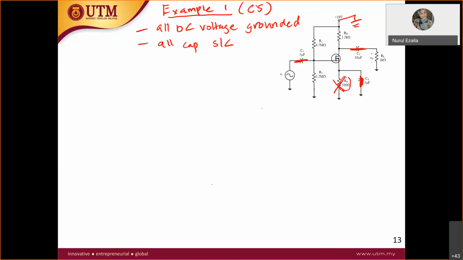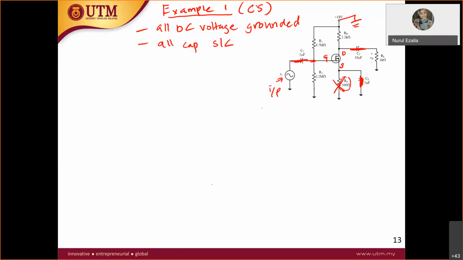If you feel confused, you have to write down the terminals. So this is the gate, this is the drain, and this is the source. Input means the voltage at the input, so this is your input, and the input here is connected to the gate.